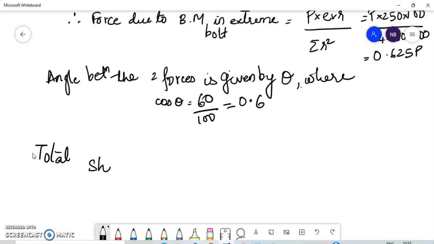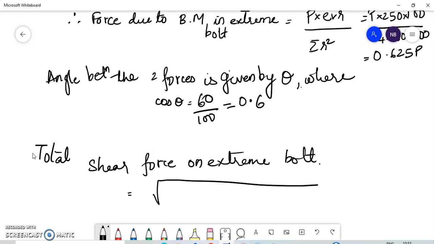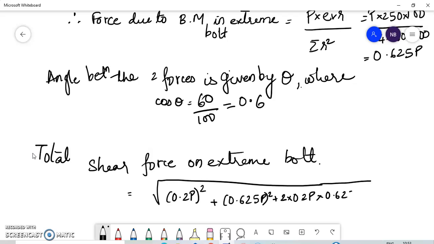So the total shear force on the extreme bolt, on solving this, you will get 0.67199 times P.